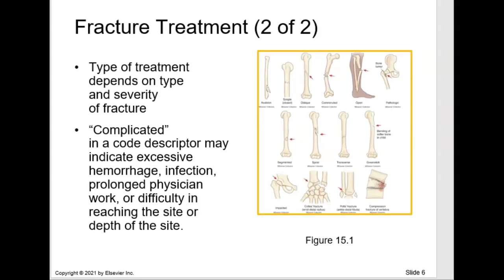The type of treatment depends on the type and severity of the fracture. Complicated in a code descriptor may indicate, and this is important, excessive hemorrhage, infection, possibly prolonged physician work, difficulty in reaching the site, or death of the site.